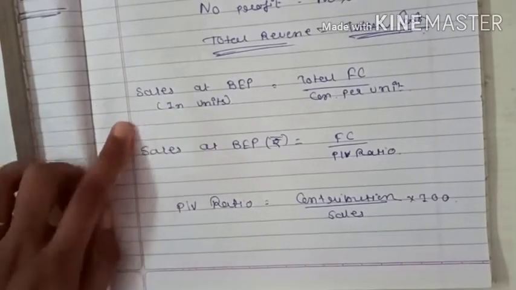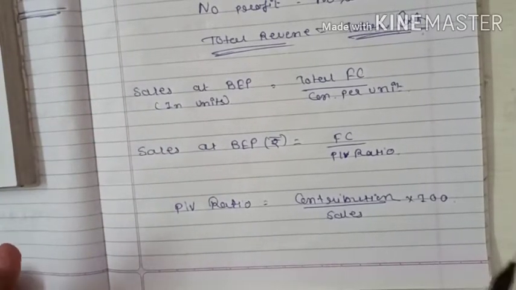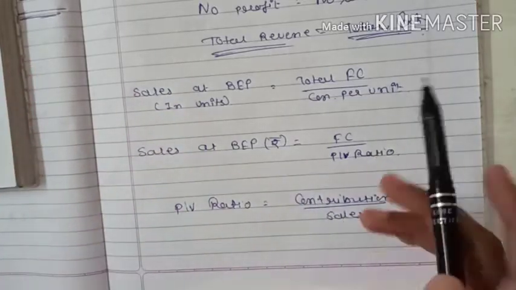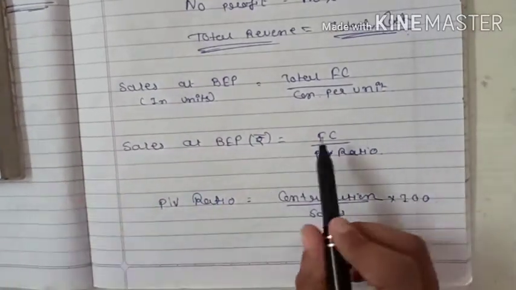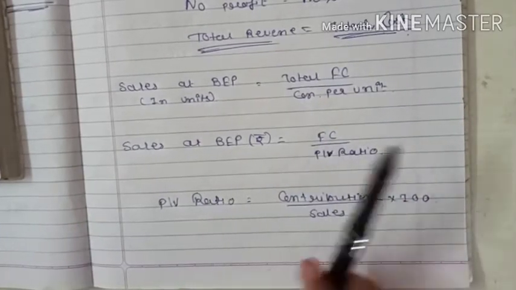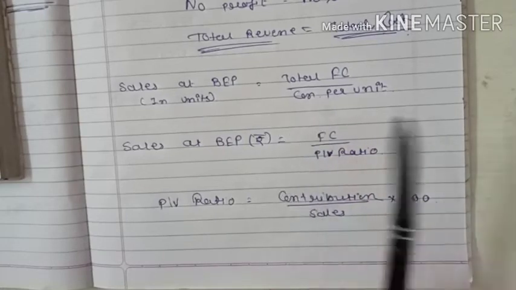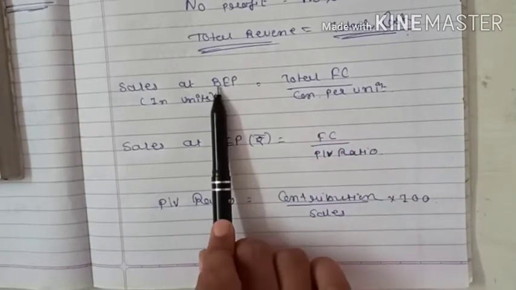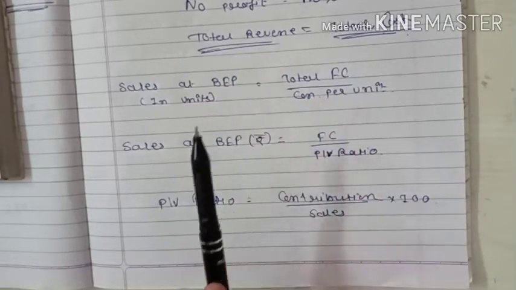So there are two kinds of BEP we can find, in units and in rupees. When you have the contribution or the total sales and fixed cost in rupees, not per unit, then you can apply this rule. Whenever the per unit amount is given, you can apply the other one.